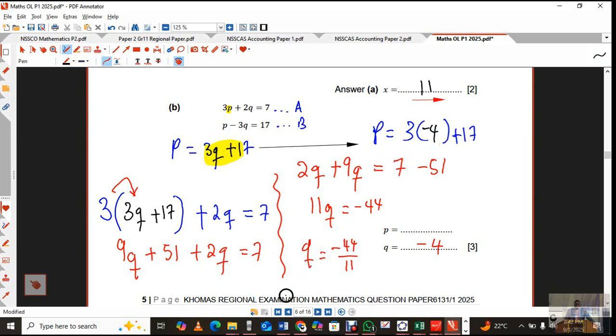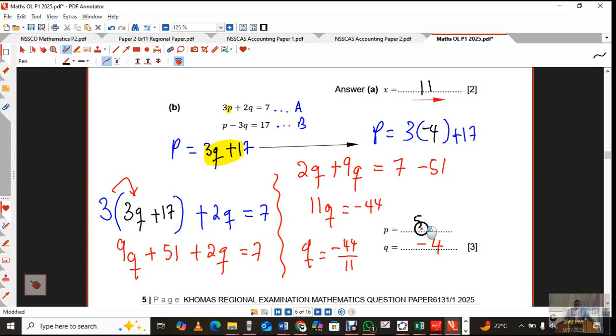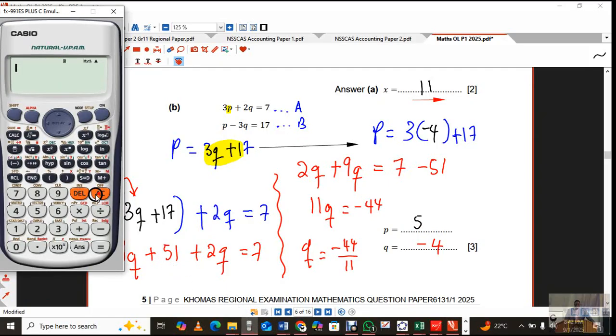So that is negative 12 plus 17, 17 minus 12, that should give you 5. So you have 3 times negative 4, then you add 17 more to it, then you get your answer, which is 5. So that implies that P is equal to 5. Of course, there are many ways you can do this.